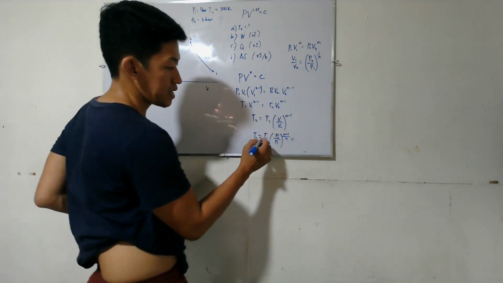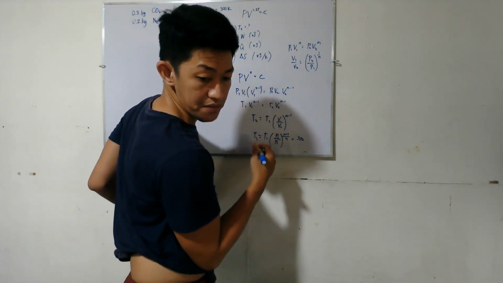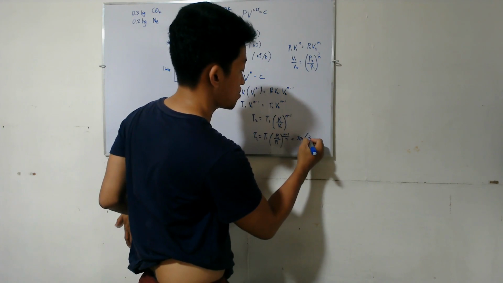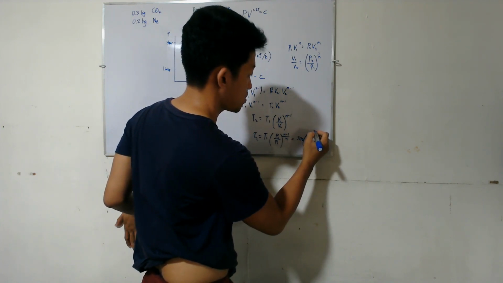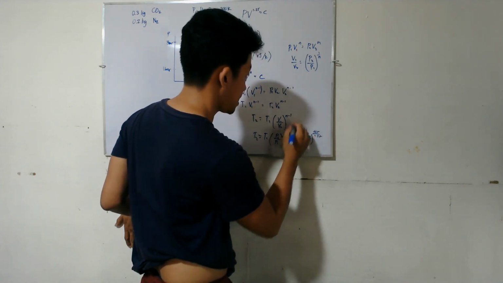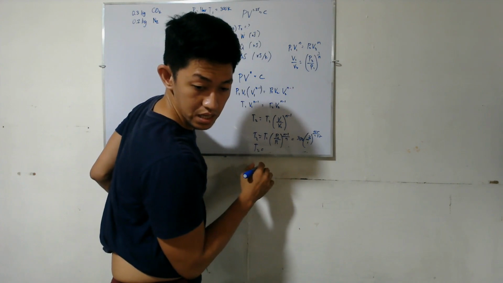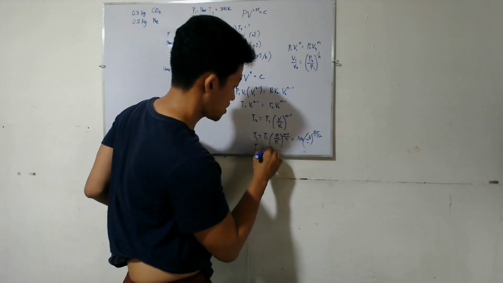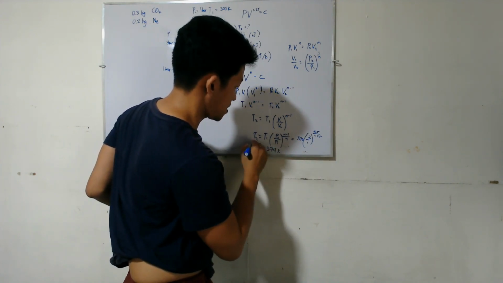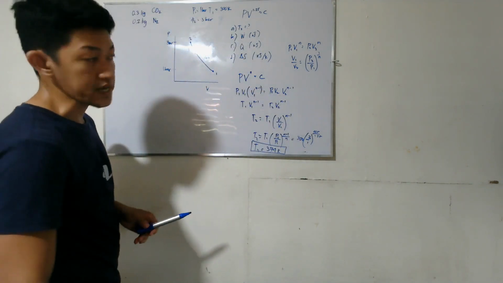Okay? If we plug in the values, 300, your temperature must be in Kelvin, 3 over 1 raised to 0.25 over 1.25. The answer would be T2 is 374 Kelvin.